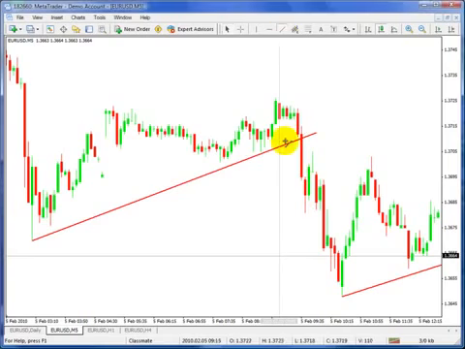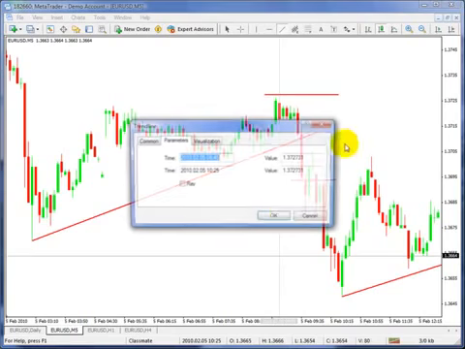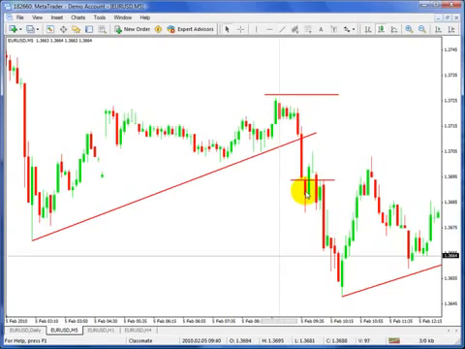So I would have looked to buy at this open. Now when you've seen that, all you need to do is look to place your stop above the high. That's where you're placing your stop, okay?